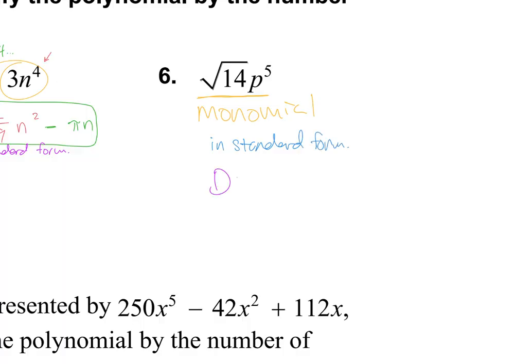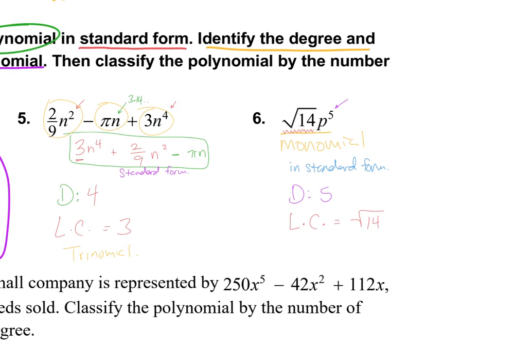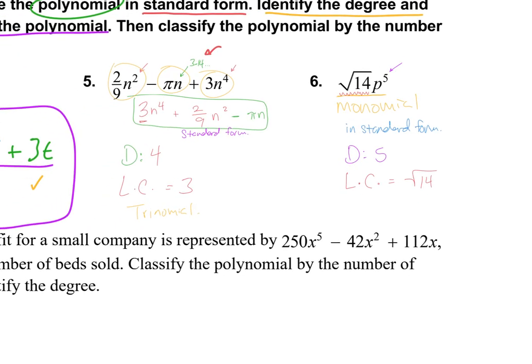And then the degree is going to be 5 because of our friend right here. And then here's kind of the funny answer. The leading coefficient is the square root of 14 because this is an actual number. It's just we don't have the decimal equivalent of it hanging out there, kind of like pi, right?